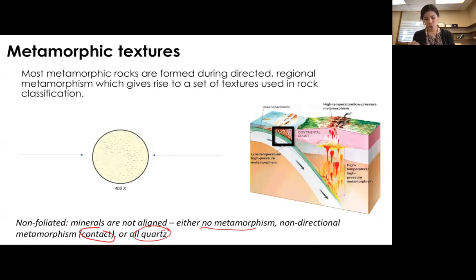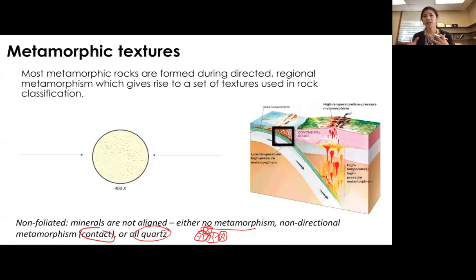And this is because quartz forms what's called an equant or euhedral grain that can't align itself. So no matter what pressures you exert on this, the quartz grains are still going to look like a jumbled assemblage of quartz grains because there is no slightly thinner side for that quartz to align to. So it will always be non-foliated.